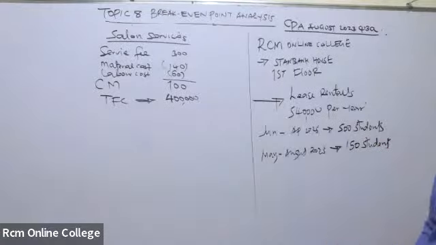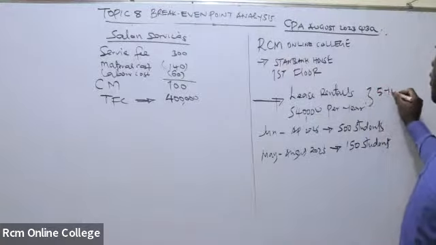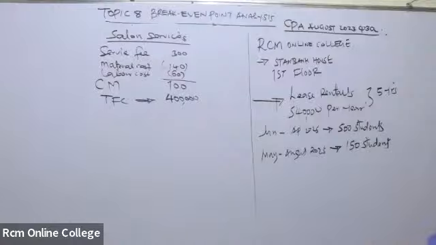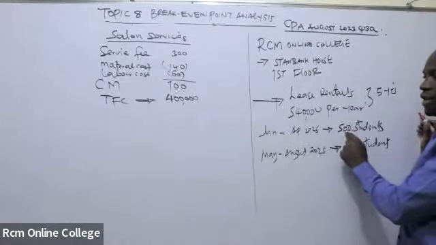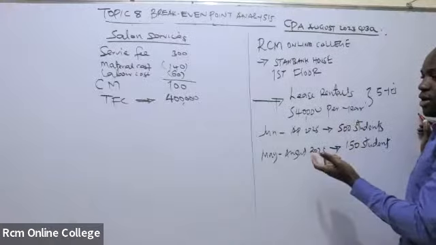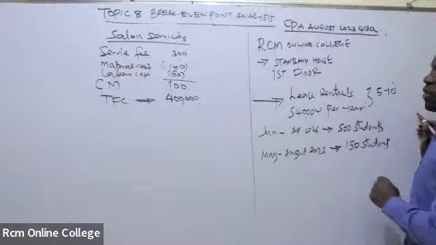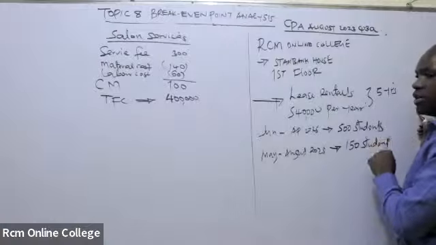So the lease rentals, of course, you have an agreement, and maybe this lease is supposed to run for 5 years. Now, my question is, if in January to April, 500 students were admitted or registered for their CPA course, then in May to August we only have 150 students who have registered for the CPA course.